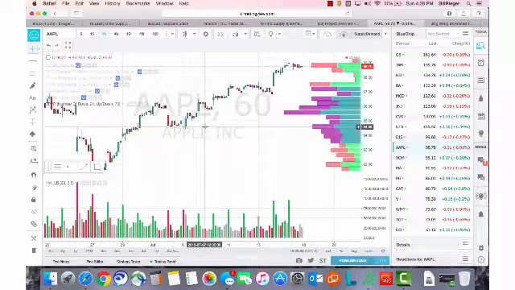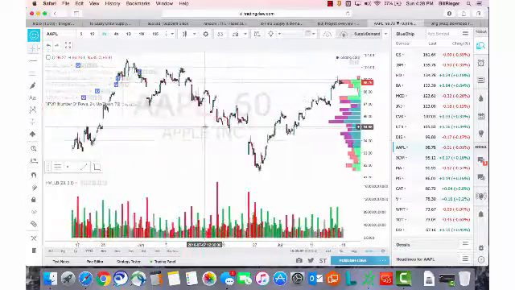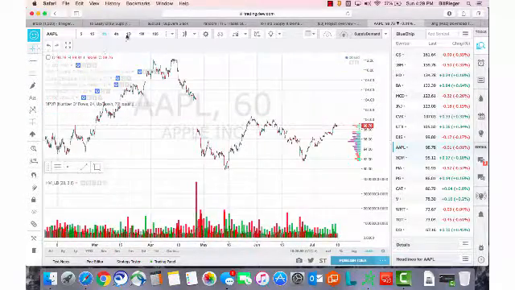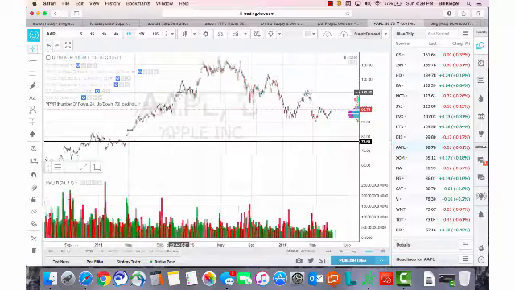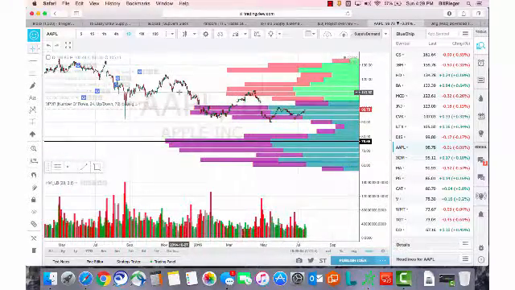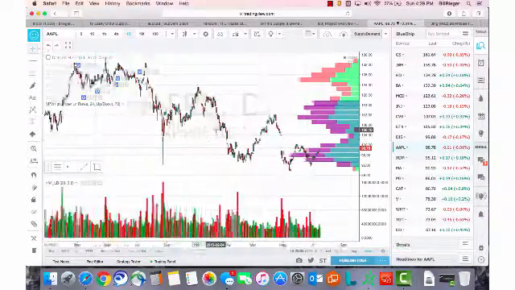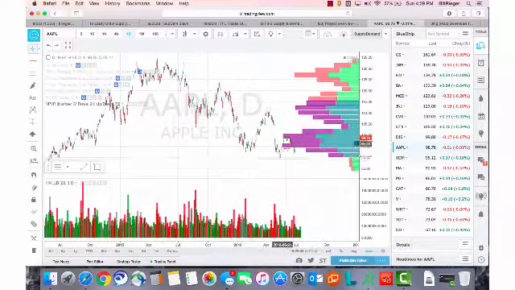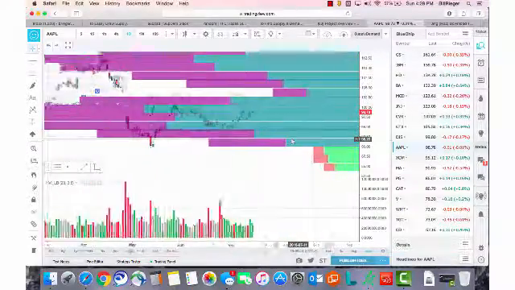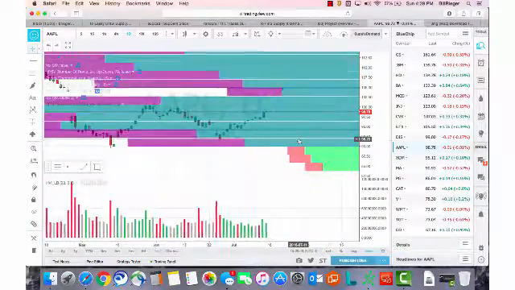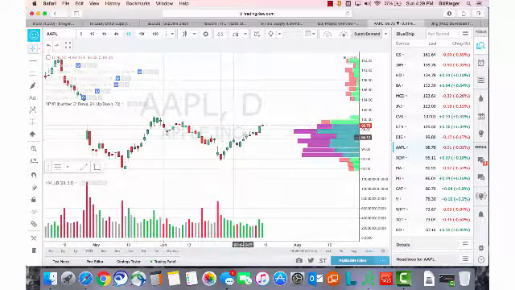Now, where does this help me on the big picture? If we scroll out a little bit, go back to the daily, I am thinking, and again, remember the daily is at a pretty important point right here with regards to this volume profile analysis tool. And so I am thinking on the daily here that we had this move up on lower volume.